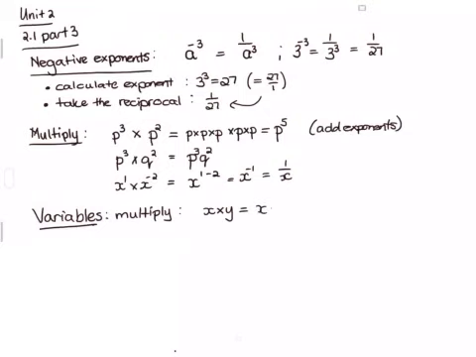You can write x dot y, but that is not the decimal point. Notice that the dot is in the center, not down where our decimal point normally is. Or we can just write xy.